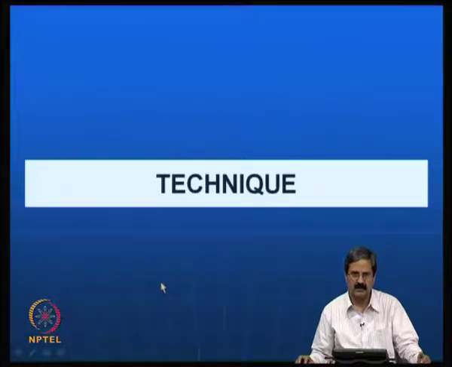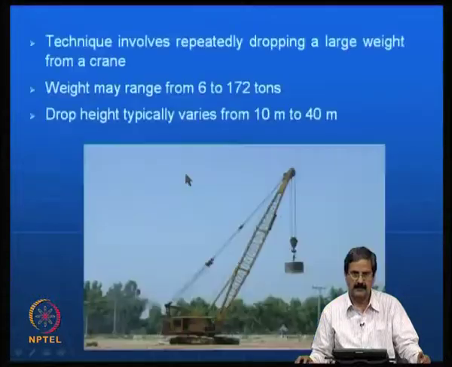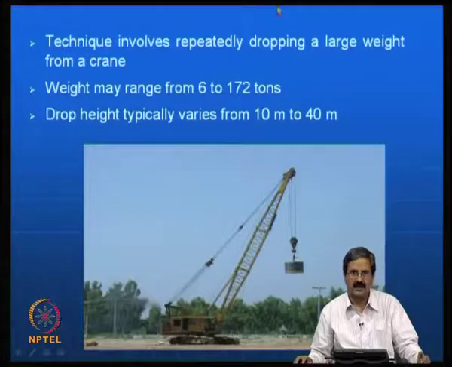So, the technique essentially involves repeated dropping of a large weight from a crane. Say for example, you see a crane here and a weight here, and you can design what weight you want; the weight ranges from 6 to 170 tons.